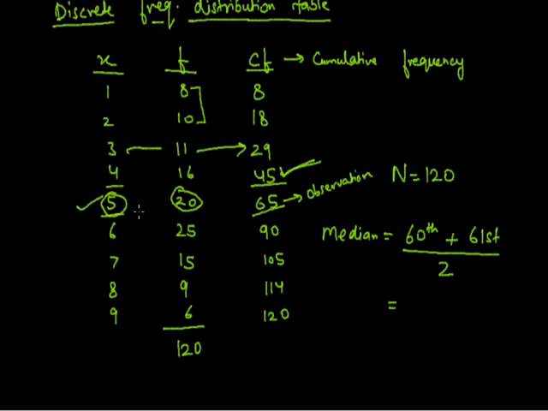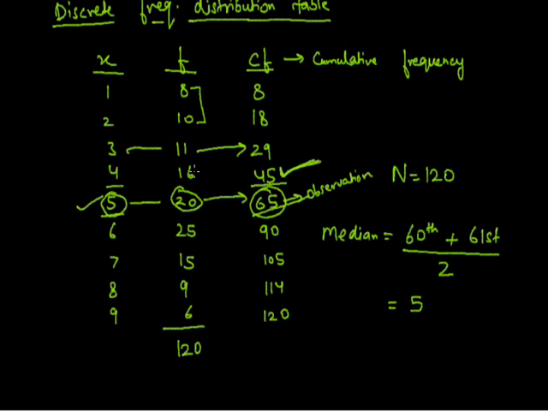As 20 observations exist for 5, definitely the 60th and 61st observations both exist here only, because up to the 45th observation exist here and up to the 65th observation exist here. So the 60th and 61st observations will occur between 45 and 65, that is, both are equal to 5, because up to the 45th observation the observation is 4, and from 45 to 65 the observation is 5.